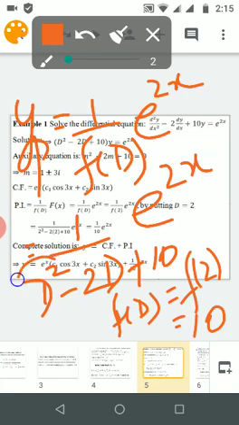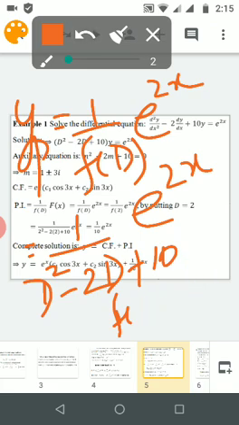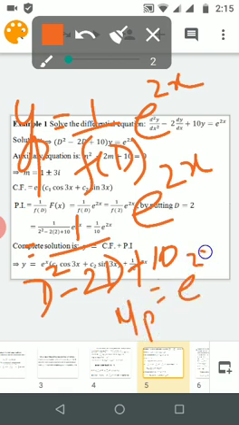So I'll get 4 here, and here I'll get another 4. So 4 minus 4 is 0, and I'm only left with the number 10. And your final answer, yp, will be equal to e raised to 2x upon 10.